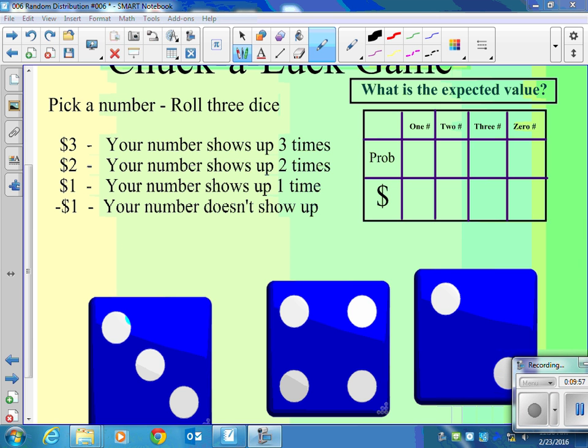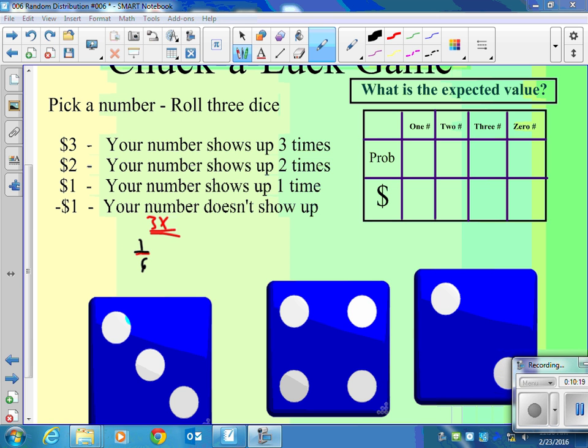So let's make a little chart. You get your number comes up 3 times. Okay, that means, what's the probability of getting your number the first time? 1 out of 6, right? So there's a 1 out of 6 chance.